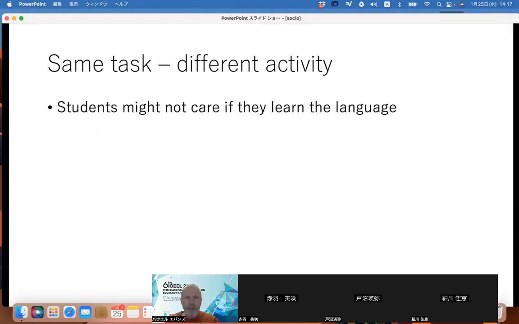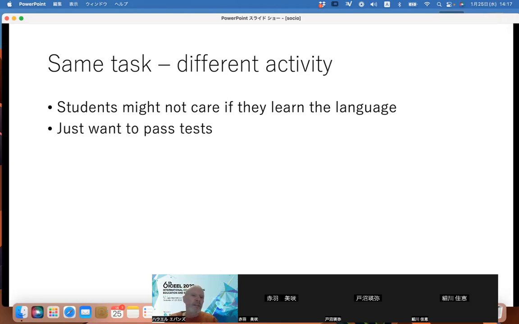For example, students might not care if they learn the language. They don't really care about it. They just want to pass tests. If that's the goal, that's going to be different from a student who really, really wants to learn the language.